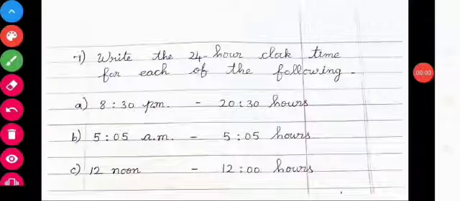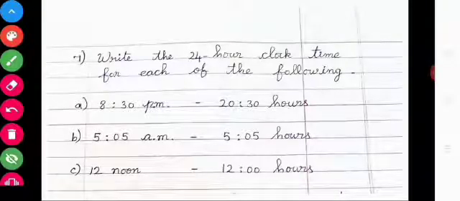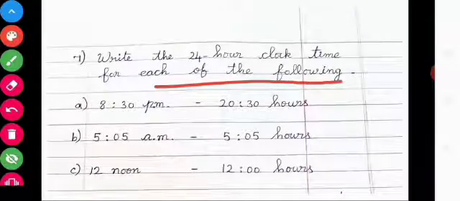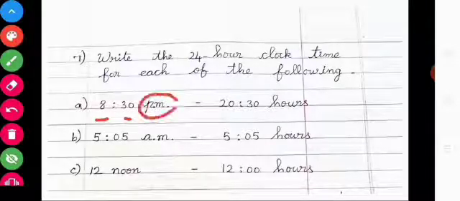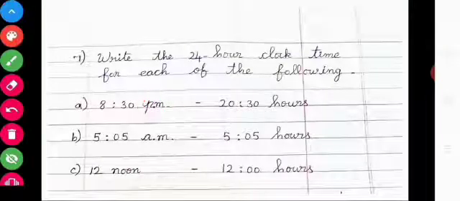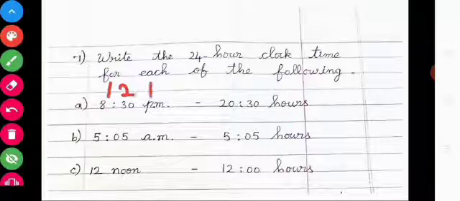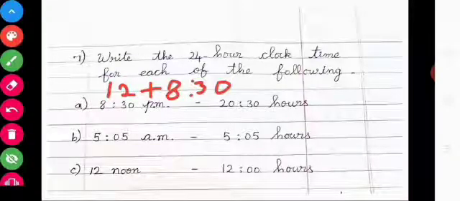See the next one. Write the 24-hour clock time for each of the following. First, 8 o'clock 30 minutes. That is 8 hours 30 minutes in PM. For PM, add 12 hours plus 8 hours 30 minutes. So what is the answer? 20 hours 30 minutes.